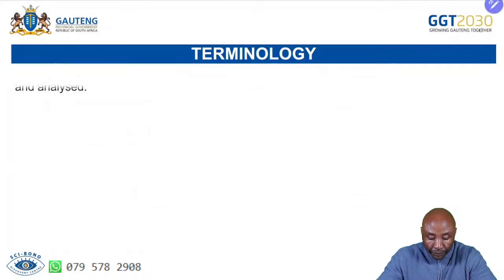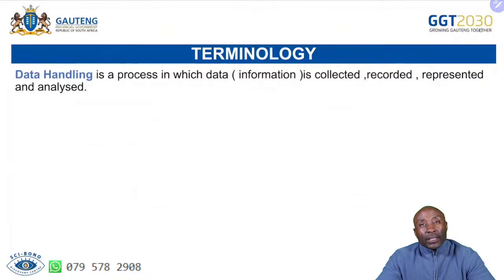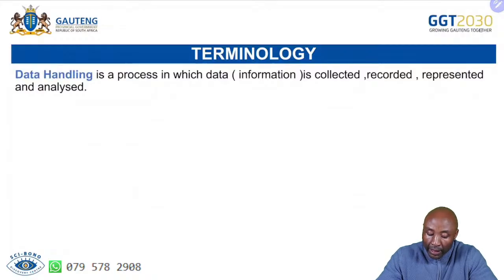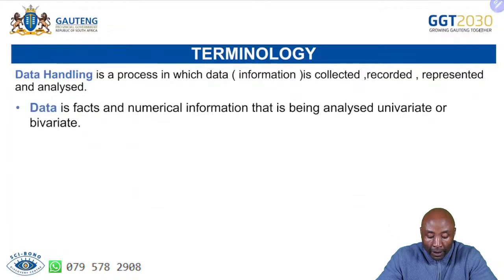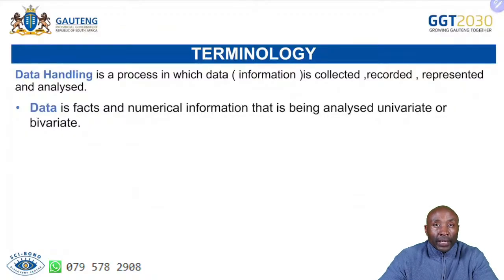Let's move along. Now, we defined data handling and will continue to define it. It is the process in which data, where we are dealing with numerical information, is collected, recorded, represented, and analyzed. We know that data is facts and numerical information that is being analyzed. It can be univariate or bivariate.